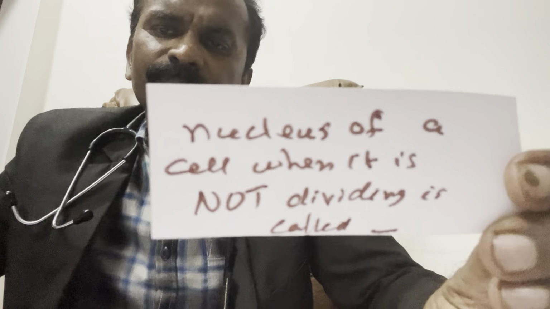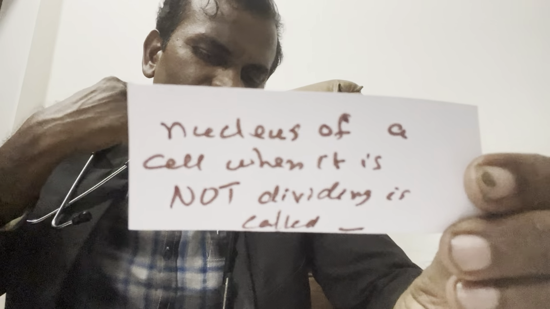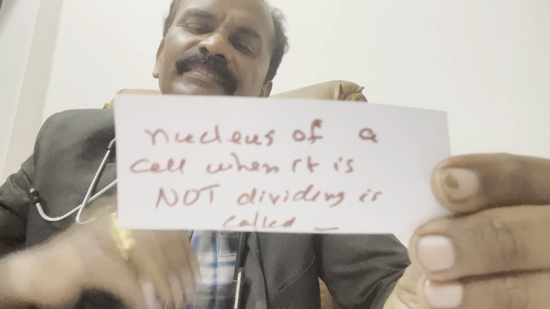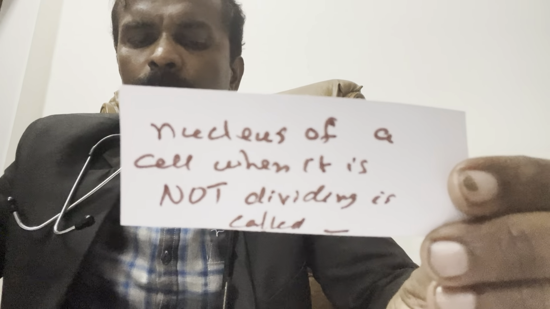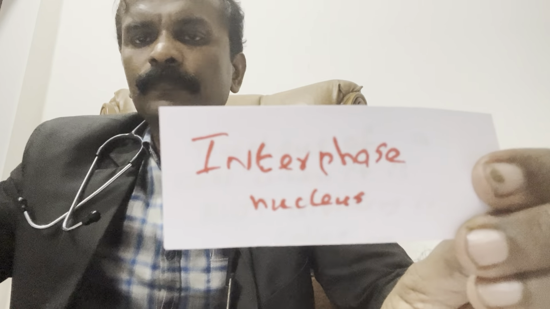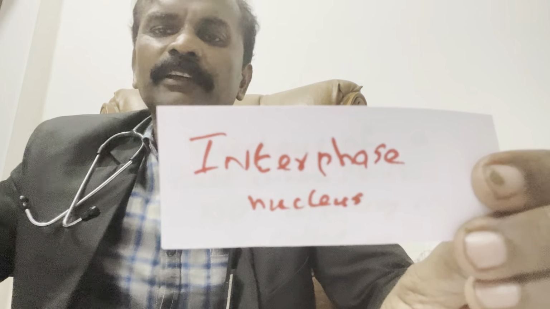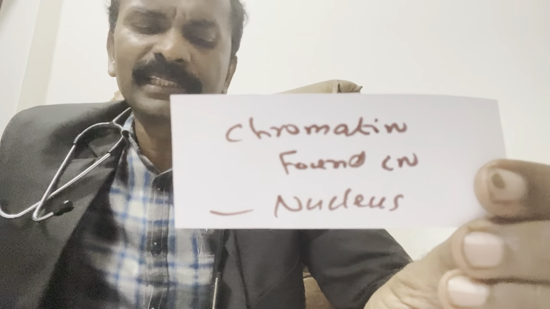The nucleus of a cell, when it is not dividing, is called what? Interphase nucleus. See, this is an MCQ: chromatin is found in dash nucleus.